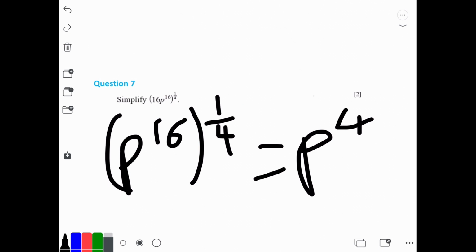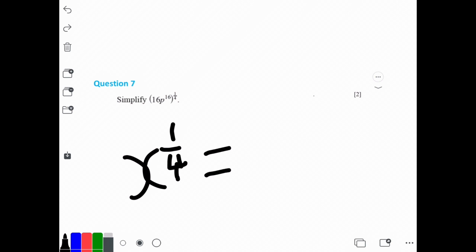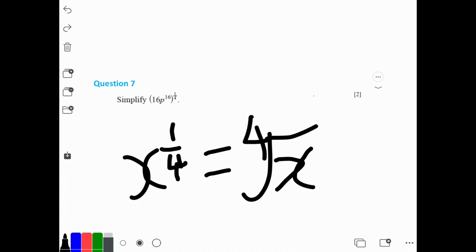We also know that any base to the power of 1 over 4, so let's say x to the power of 1 over 4, is equal to the fourth root of that number.